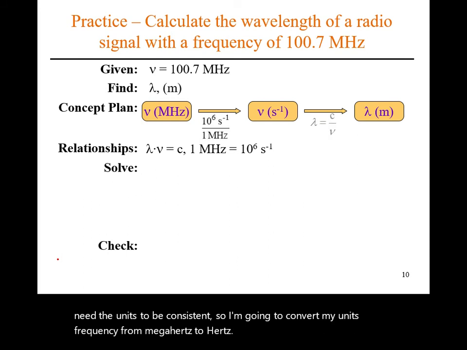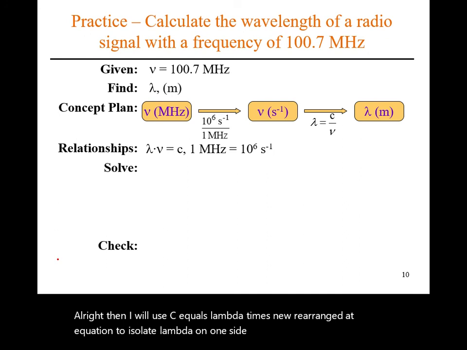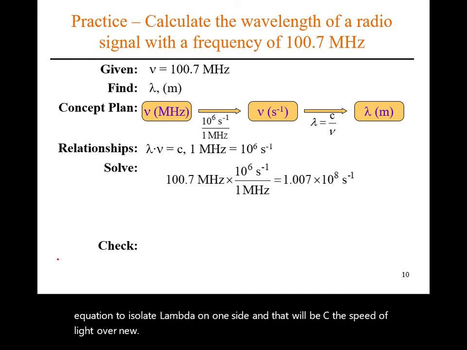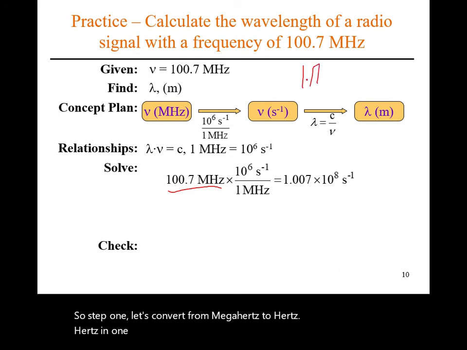All right, then I will use c equals lambda times nu, rearrange that equation to isolate lambda on one side, and that will be c, the speed of light, over nu. So step one, let's convert from megahertz to hertz. I have 10 to the 6 hertz in 1 megahertz, which 1 hertz is equivalent to per second as well.